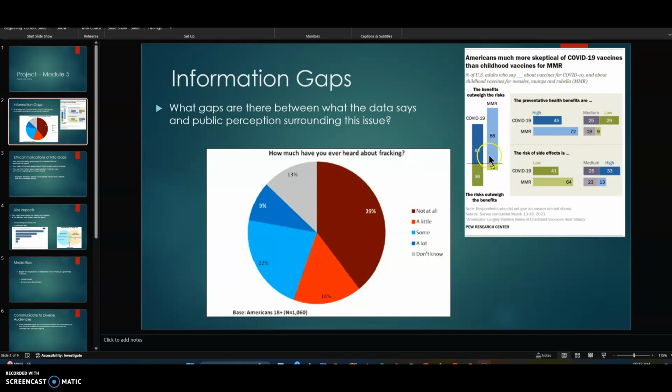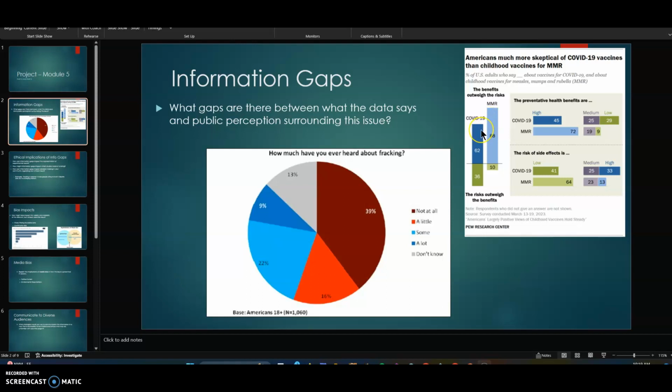This particular graphic is looking at people's understanding of how they feel about the COVID-19 vaccine versus the MMR vaccine. Both of these were pretty controversial. For MMR, there was a fraudulent study done about the MMR vaccine causing autism that has been discredited.